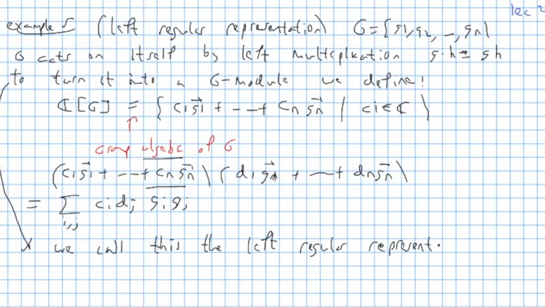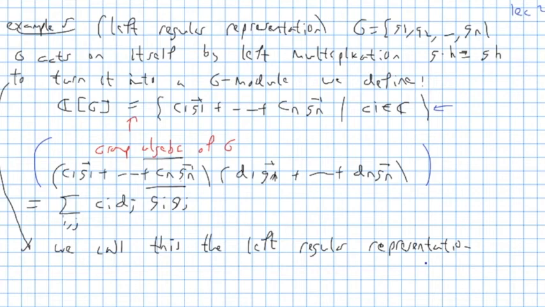Here I was just illustrating that there's an algebra that you can multiply, but this is how you turn it into a vector space, and this is a G module. The group algebra is a G module, and this is called the left regular representation.